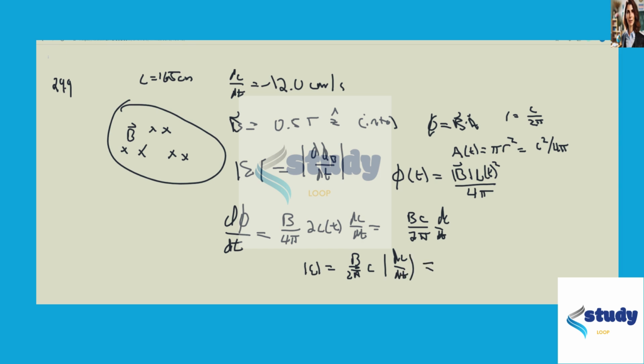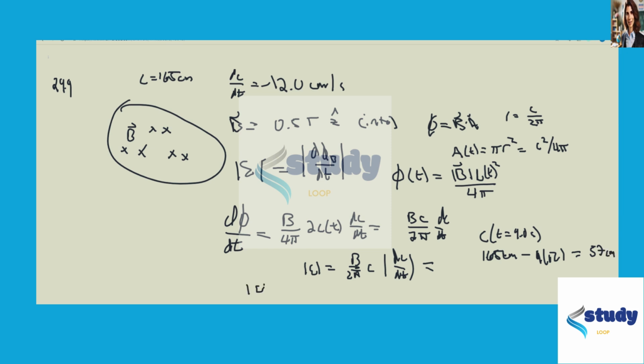And we know all these values, so we can just plug these in. Or first, I guess we have to find what C is at 9 seconds. C at 9 seconds is 165 centimeters minus 9 times 12 centimeters per second, because that's the rate. So this becomes 57 centimeters.